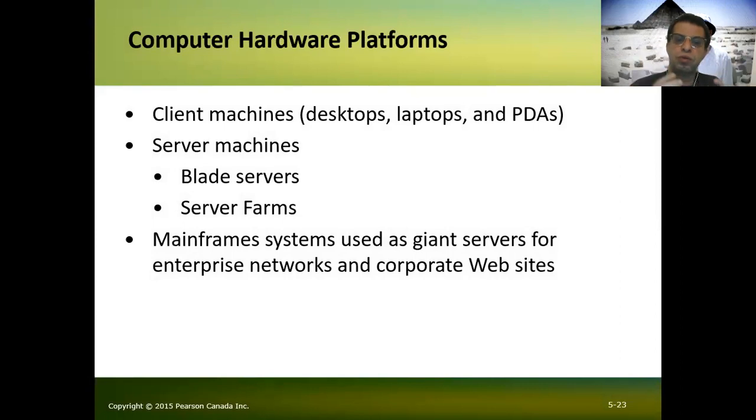Now, if we go to talking about the computer hardware platforms, there is the client machine, like the desktop you're using, the laptop that we are using, the PDA, like a mobile or the tablet. And then you have the server machine, which is a blade server and server farms. Blade servers are usually a rack with different small servers.